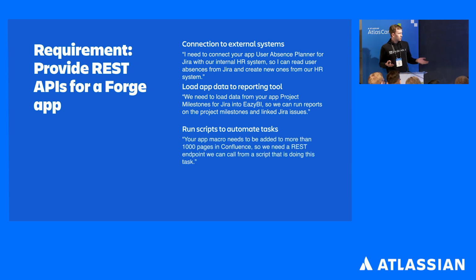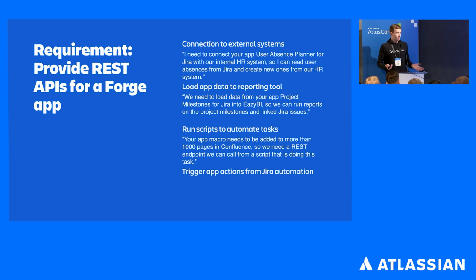Or another use case would be to run scripts on external systems to accomplish big tasks, like if you imagine you have an app that is adding macros to conference pages and you want to do that all at once for 1,000 pages, then something like a REST endpoint would be great to automate these tasks.